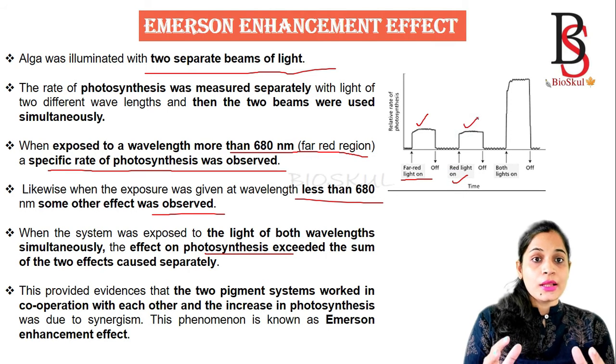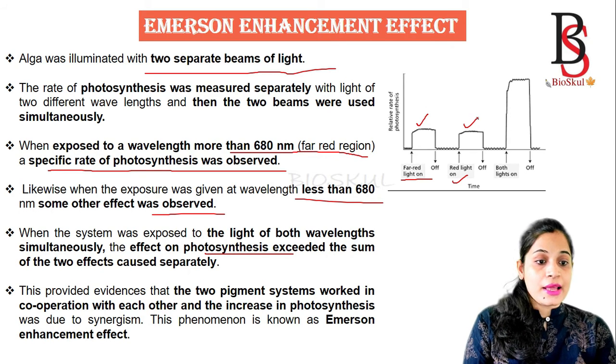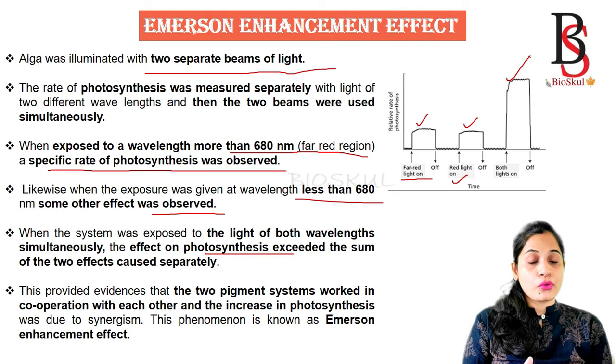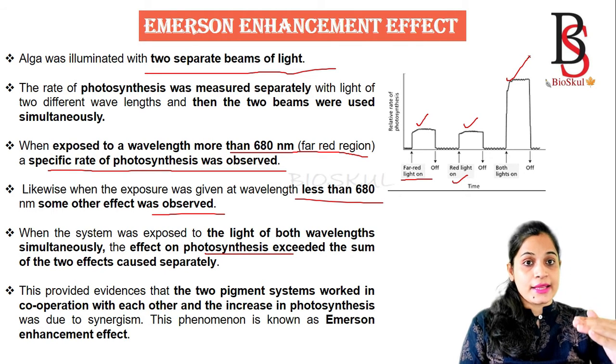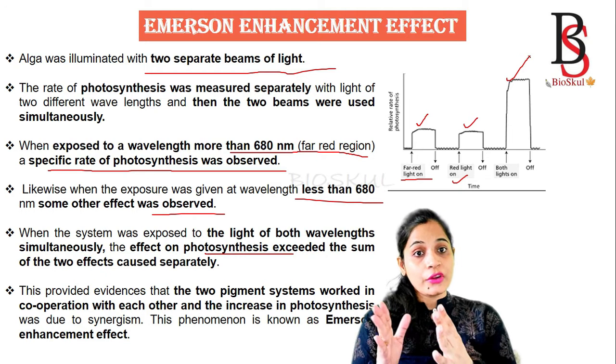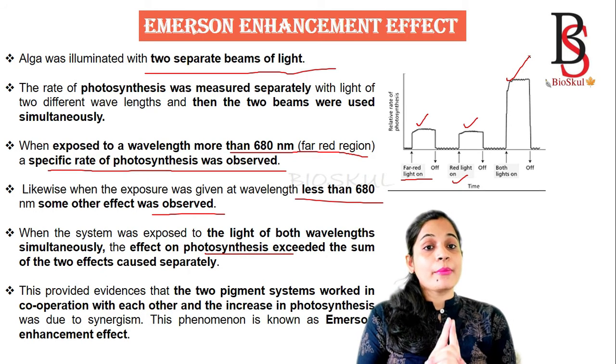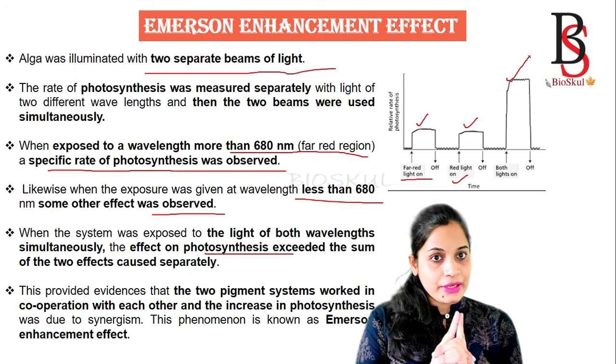But when the two wavelengths of light are given simultaneously, what happens? The relative rate of photosynthesis exceeds the sum of the two effects caused separately, and this is known as the Emerson enhancement effect.